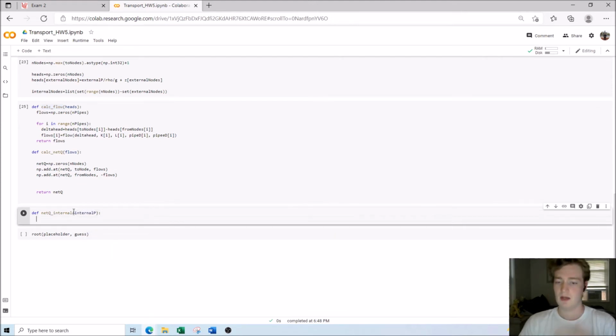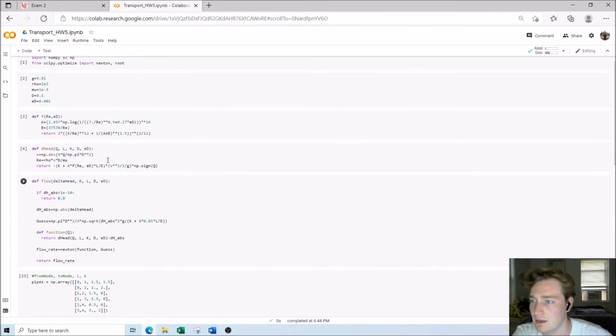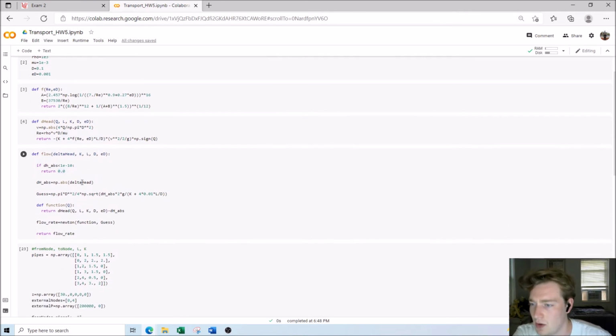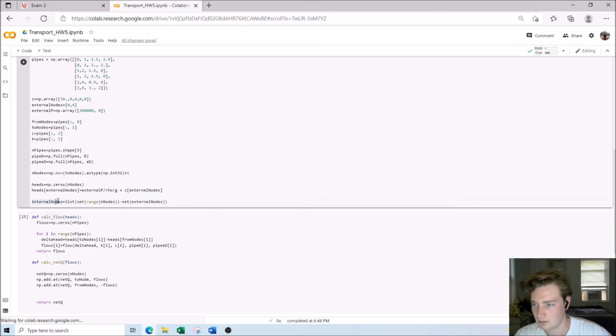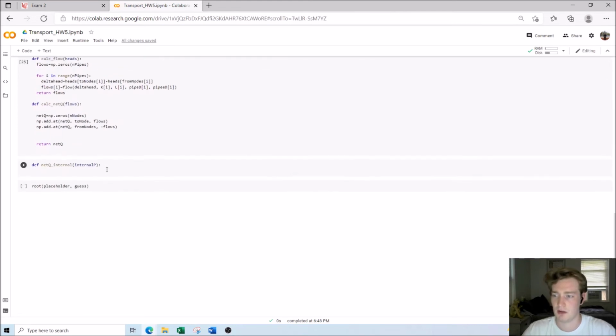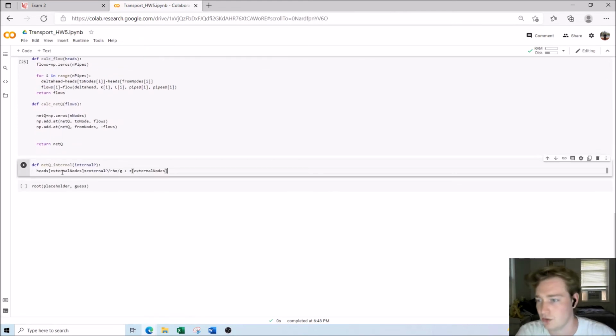All right. What do we want to do within this net Q internal? Well, we want to calculate the head value for the internal nodes. Similar to what we did up, let's find it up here. It was here, the heads of the internal nodes. So let's copy and paste this over and replace all of the external with internal.